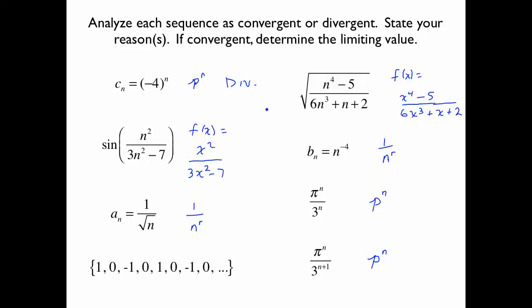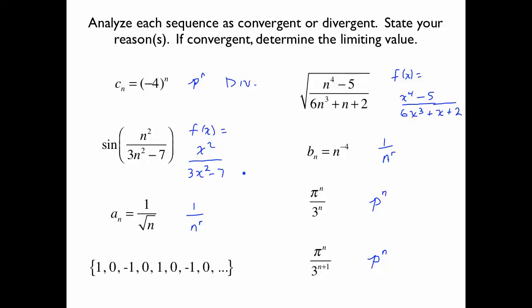Okay, next one. Here I'm showing you to think of that interior argument of sine as a rational function, and we're going to look at the limit as x approaches infinity of this function f. What is the limit of that function as x approaches infinity? You recognize that because the degree of the denominator and numerator are the same, as x gets really big, the numerator is just going to be x squared.